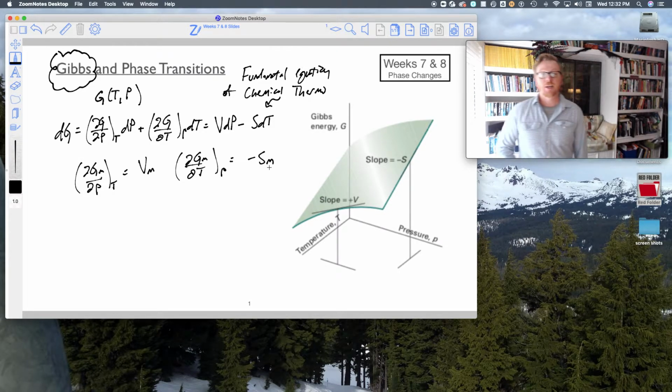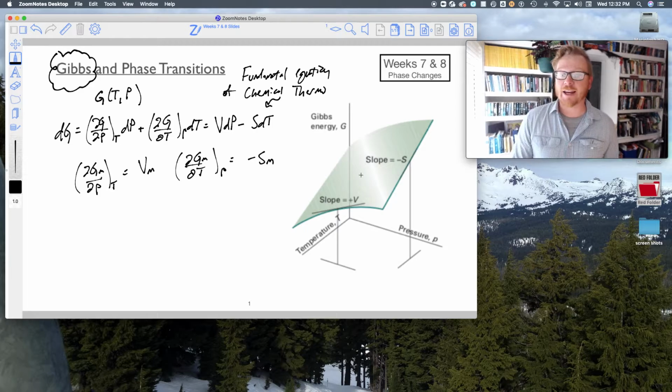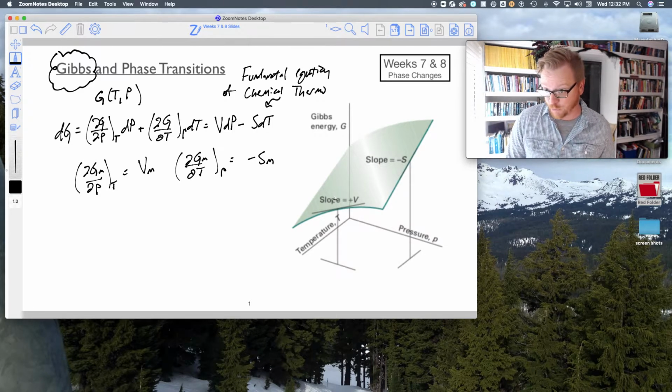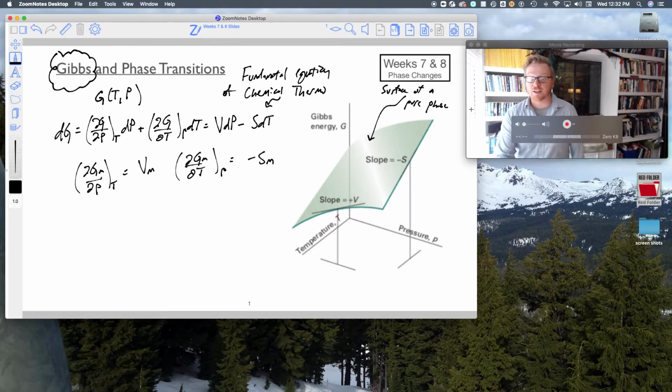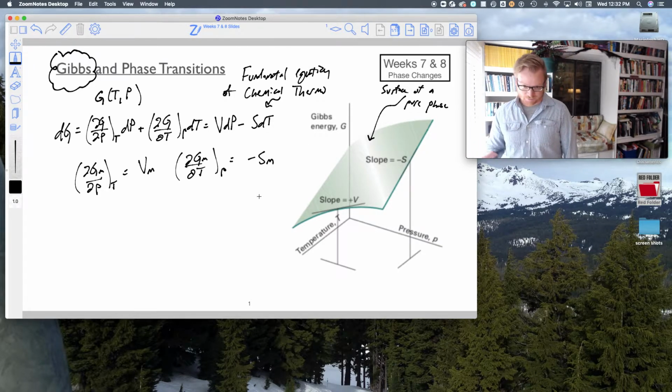entropy. So now what I have here to the right is a free energy surface, where we've got G on the z-axis, and then T and P represent the x and y axes. And this would be a surface of a pure phase. So that means that could be the solid, the liquid, or the gas.